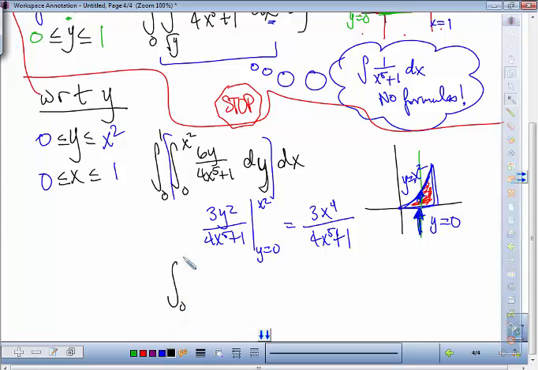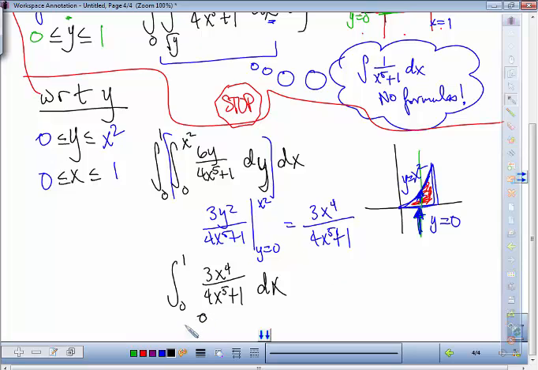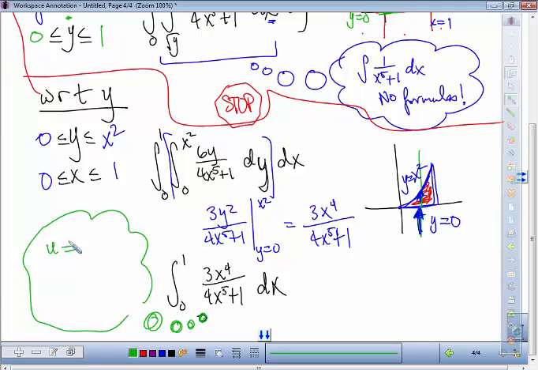Now, is there any promise that I can actually do this integral? How would you do this integral? U sub. So whenever you're integrating and it looks more complicated than what it might seem, first thing you should think about is U substitution, right?